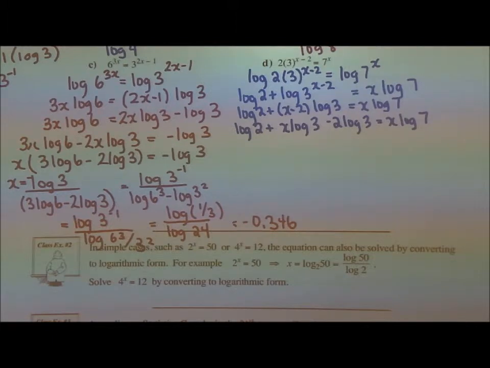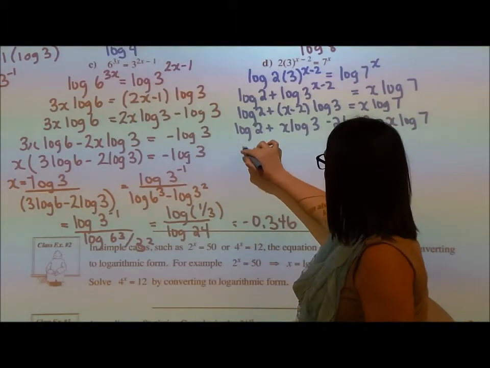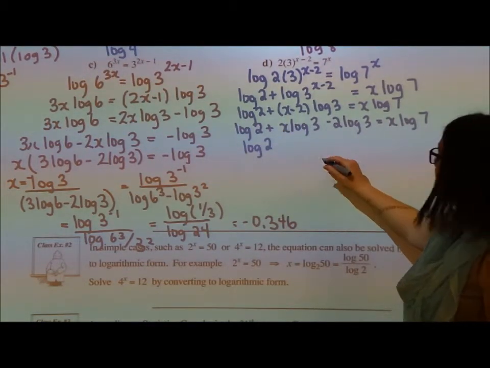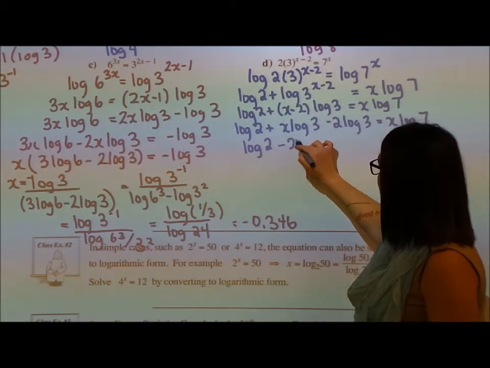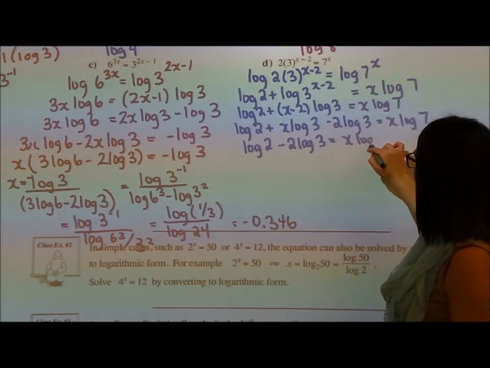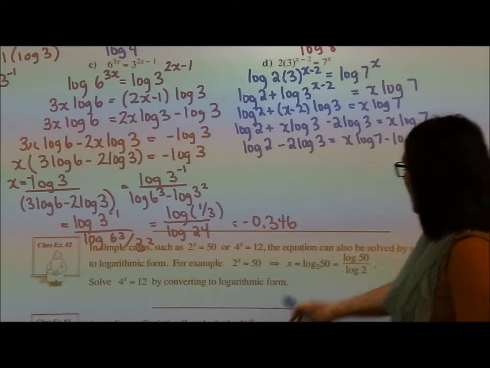Figure out x. So in order to do that, what do I need to do? Move the x terms to one side. So to move it, I'm going to subtract it. So I'm going to be left with log 2 minus 2 log 3 equals x log 7 minus x log 3.